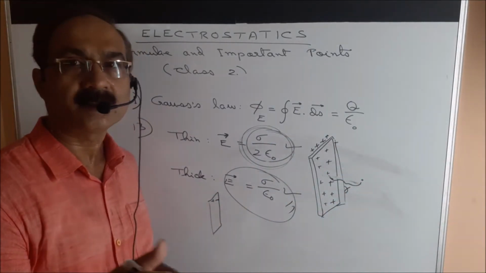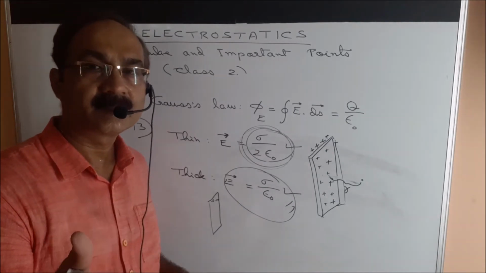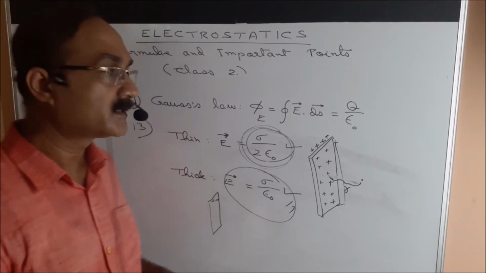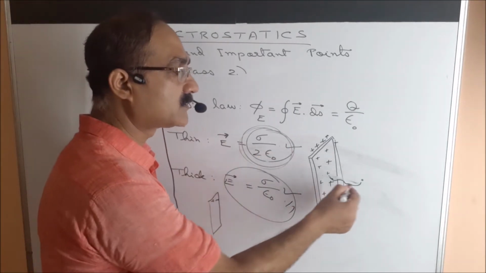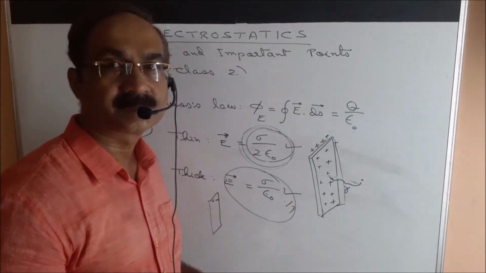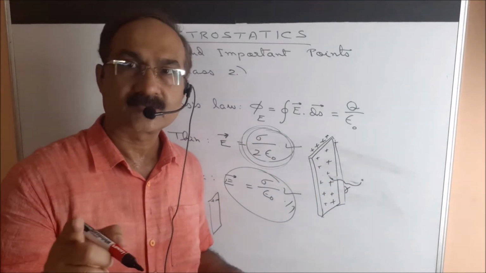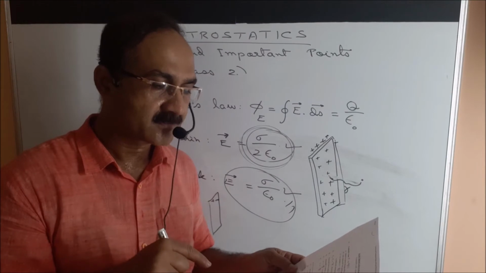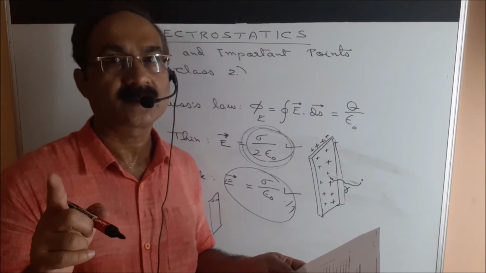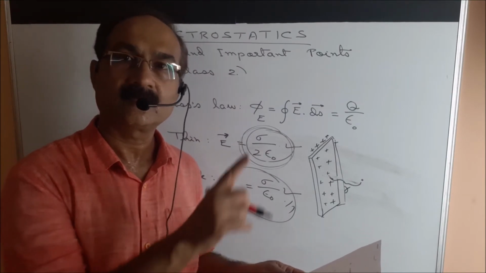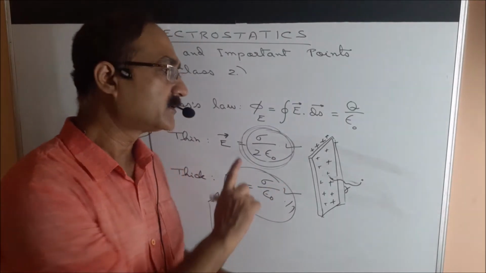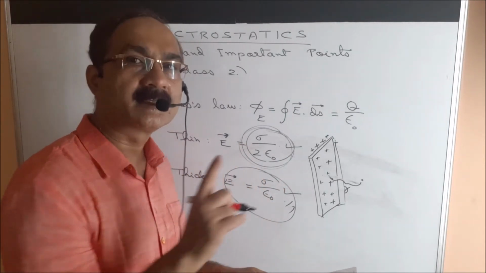The derivations are not important. But you have to remember the concept. You have to understand that these two formulas do not depend on the distance r. But for a line charge, just check, r is there in the denominator. So for a line charge, electric field depends on the distance of the point. But here in these two formulas, it doesn't depend.